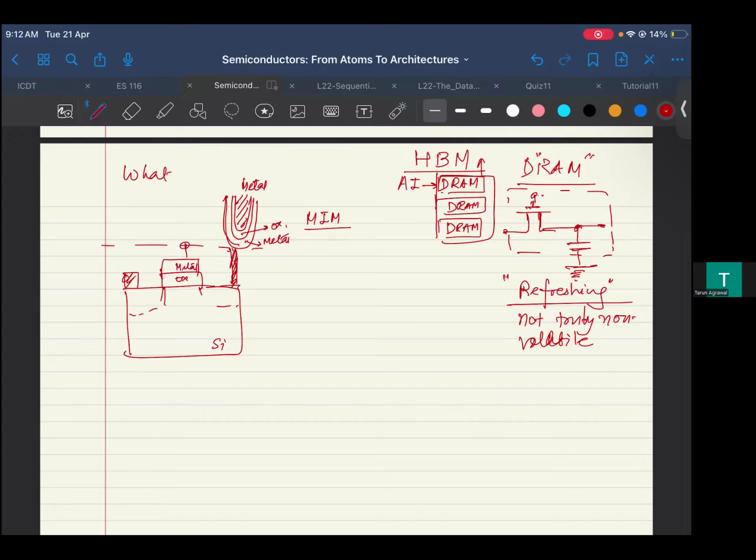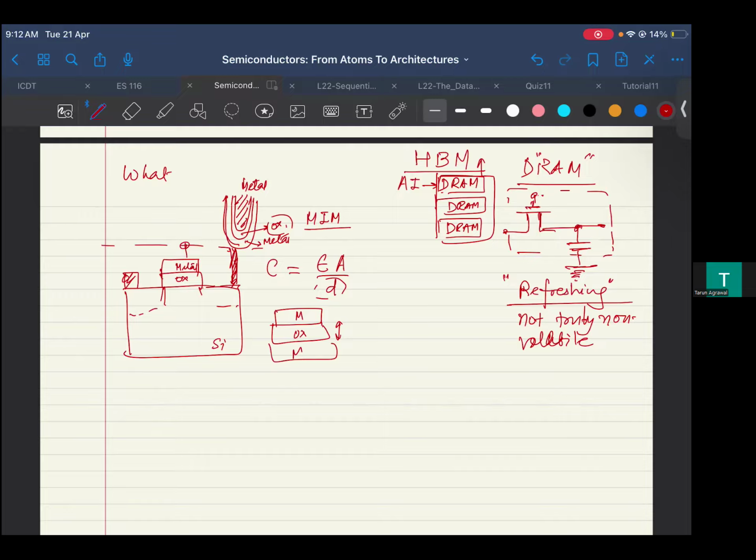But as we need more and more scaling, maintaining this cap could be a problem, because you know that C is epsilon A by D. D you can control, but we have seen already that with metal, oxide and metal, the oxide can be scaled only to a certain extent.